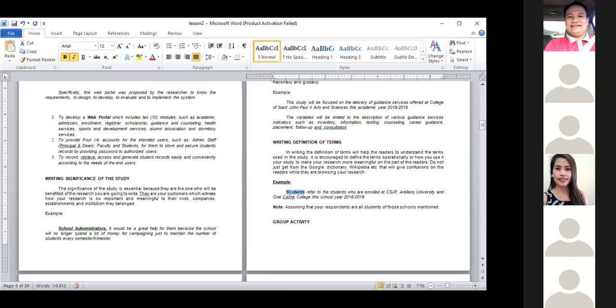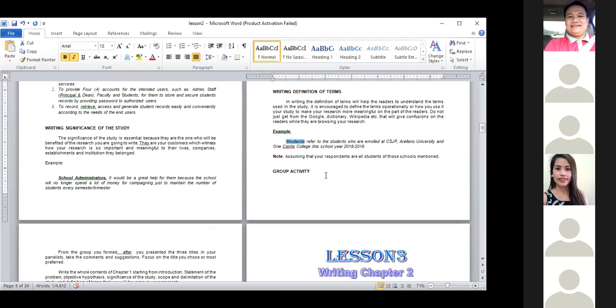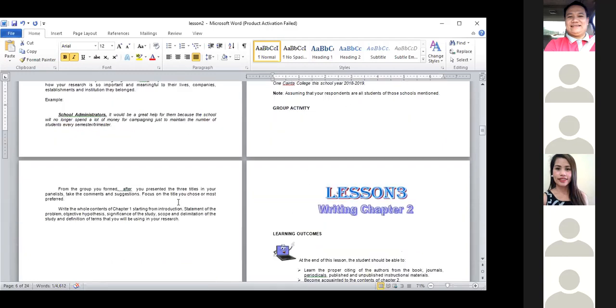But in this case, when you define students, those who are enrolled at CSJP, etc. Okay, so ito yung pagbibigay natin ng meaning, operationally, dun sa mga terms na ginagamit natin sa ating mga research. So most of the time, the variables are being defined properly or operationally.